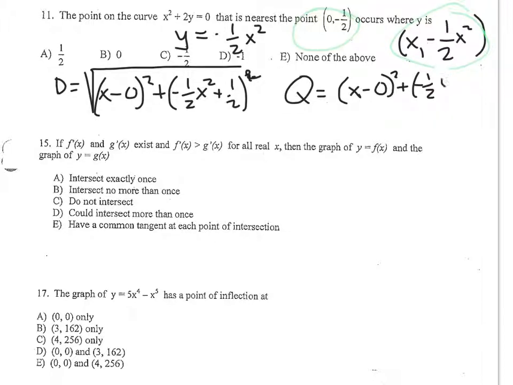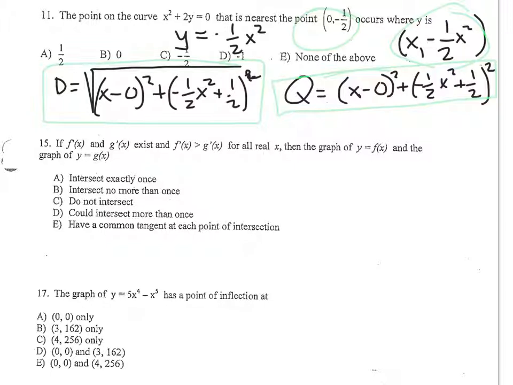This is the part that's inside that we want to find the first derivative of. Okay, and so we're going to find a first derivative of this new q function, which was the inside of the distance function. If you had done the first derivative of the distance function, you would end up with this anyway, and so that's what you're going to use.